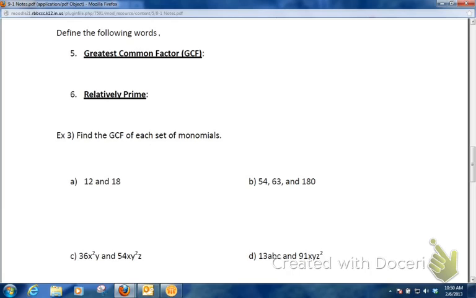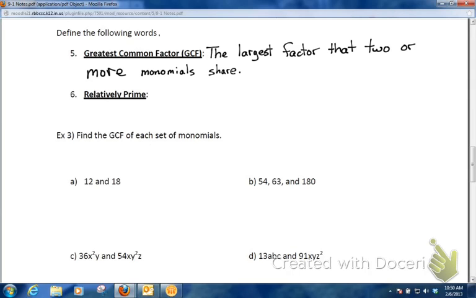Okay, so a couple more definitions and then we're done here. This is kind of the key to the section, greatest common factor. That's what we're actually doing in this chapter, is doing things with greatest common factors. So first of all, the definition for the greatest common factor is the largest factor that two or more monomials share. Now this is actually nothing new.